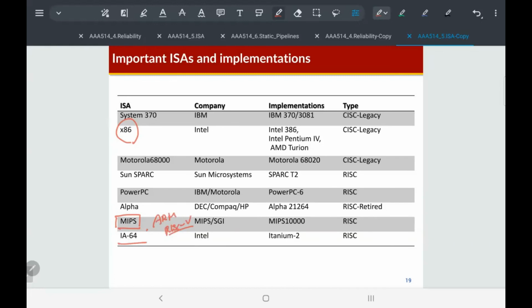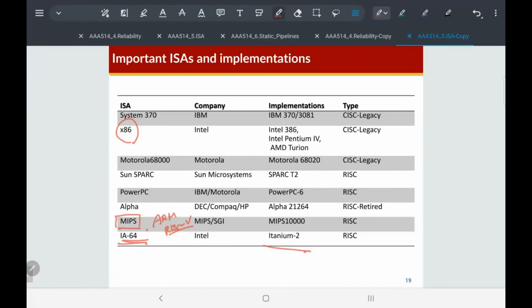And then some very special instruction set is the IA64 developed by Intel. Intel developed this IA64 ISA, which was implemented as the Itanium CPU.